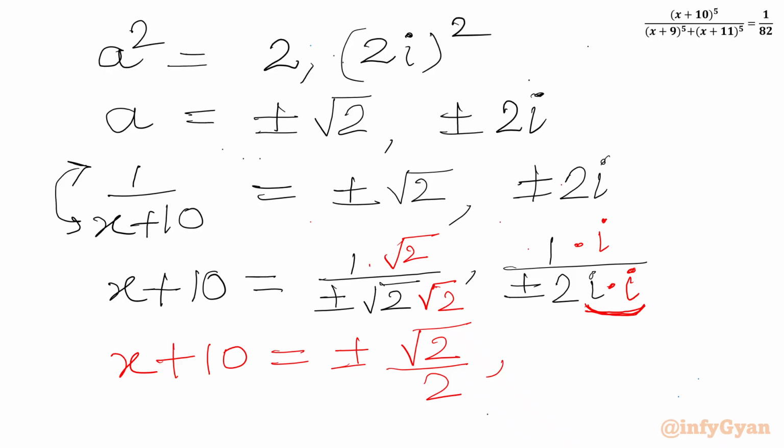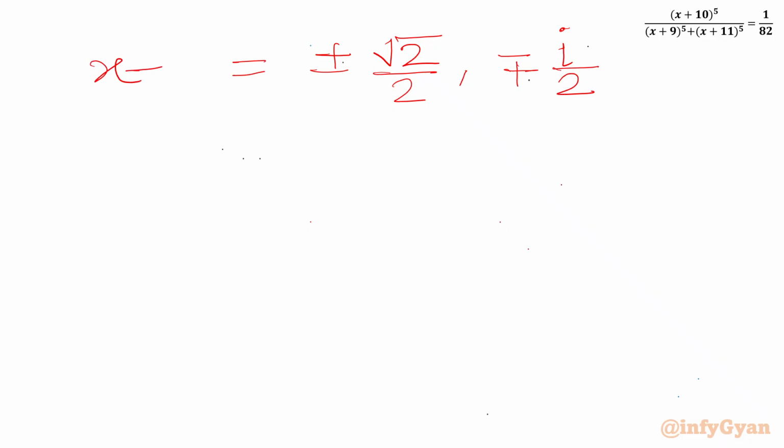And here I will be writing i square is negative 1. This is negative 1. So I can write here minus plus i over 2. So plus minus root 2 over 2 and minus plus i over 2. This is the value of x plus 10.